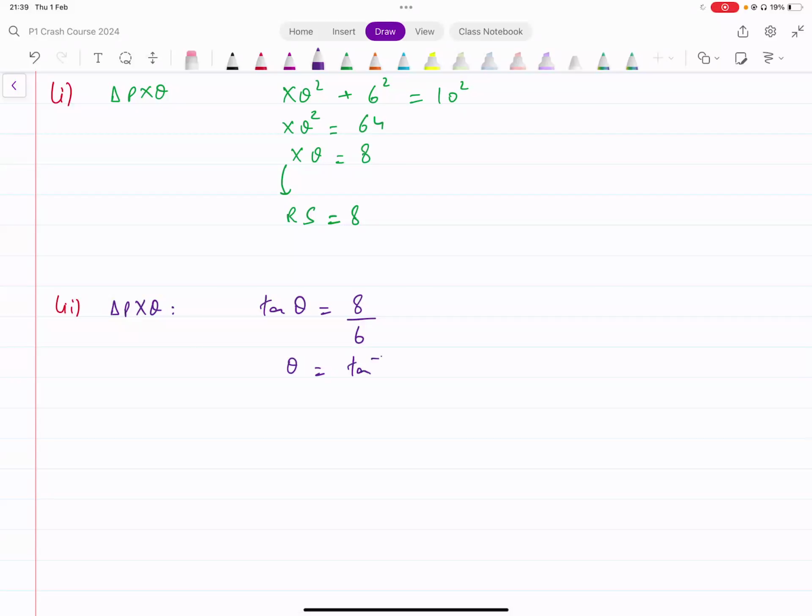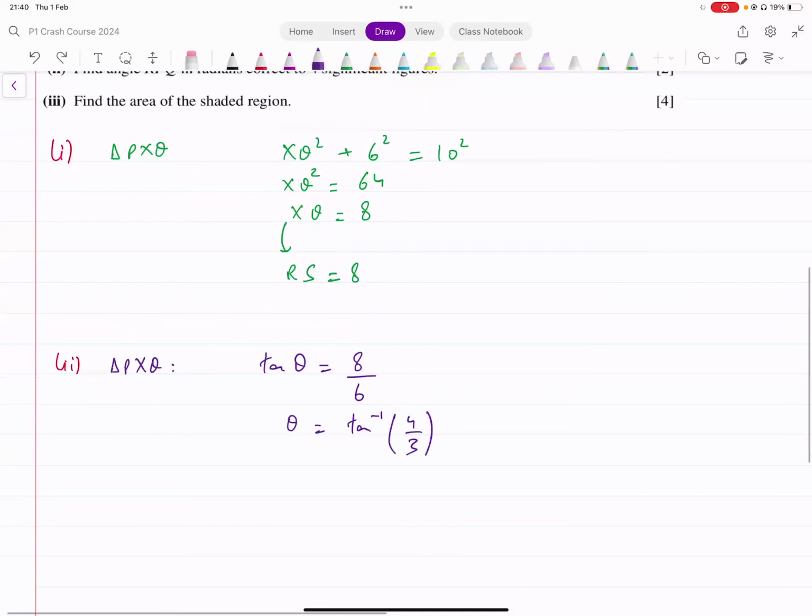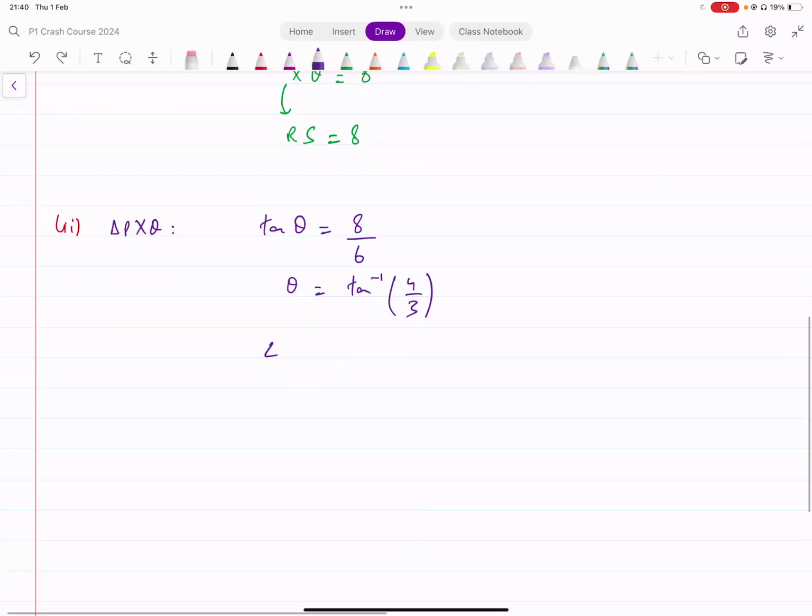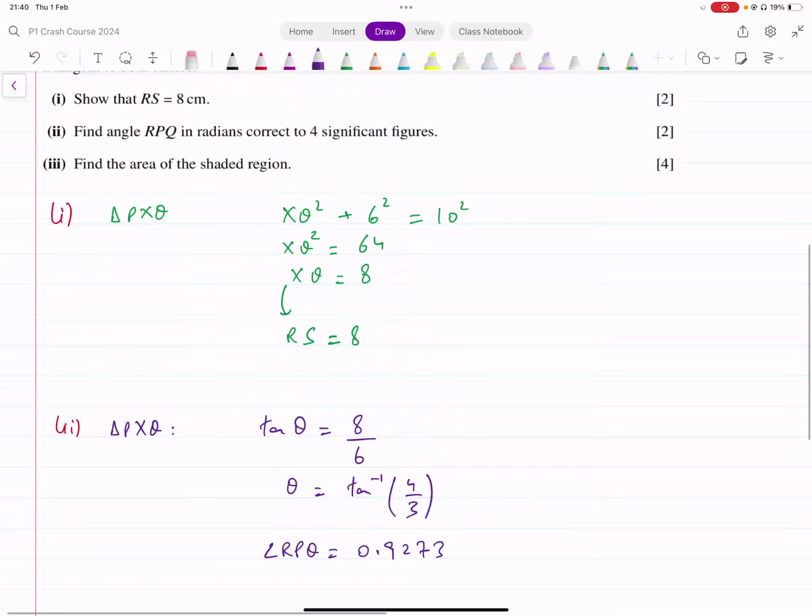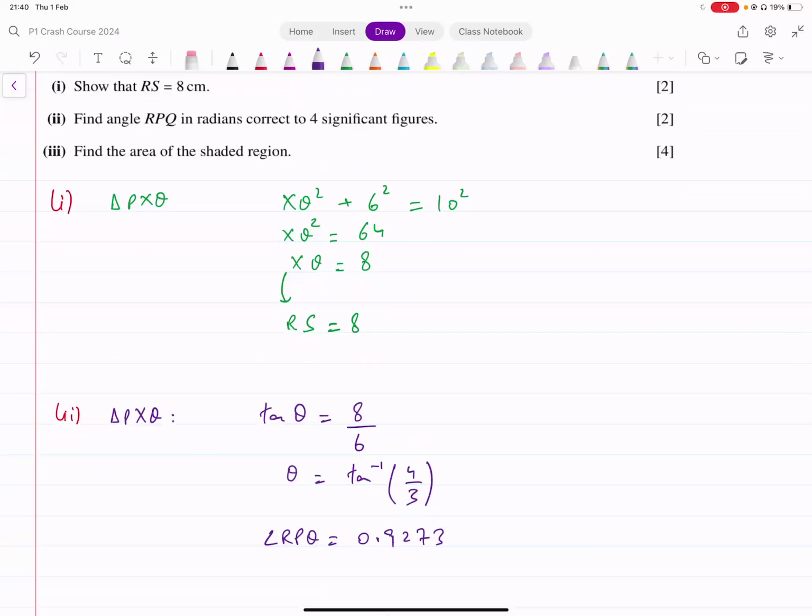What do you get from this? 0.9273. The last number has to be properly rounded off. So that's 4 significant figures, 0.9273. Make sense?